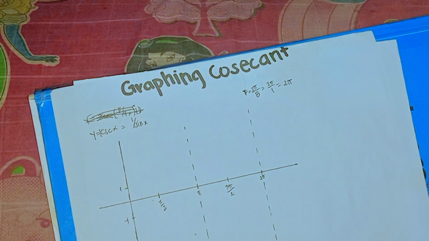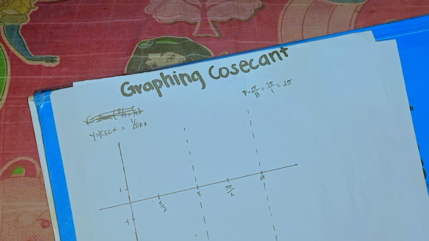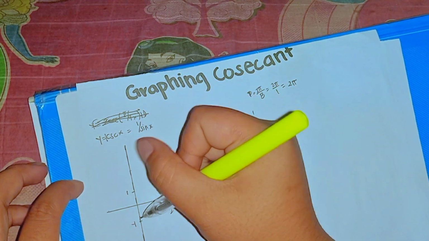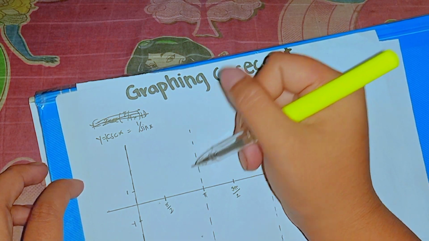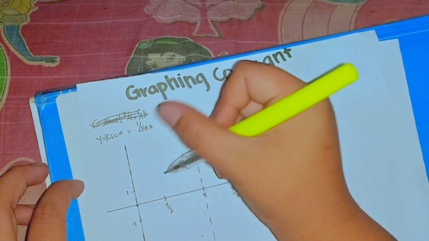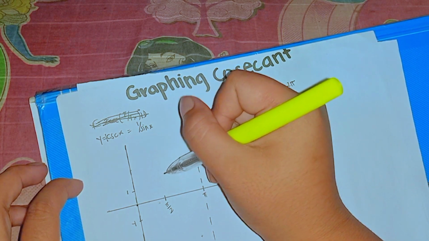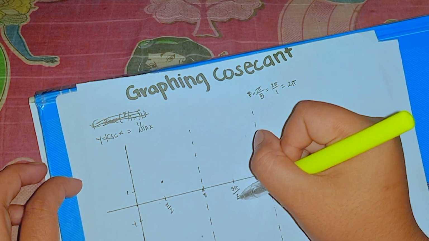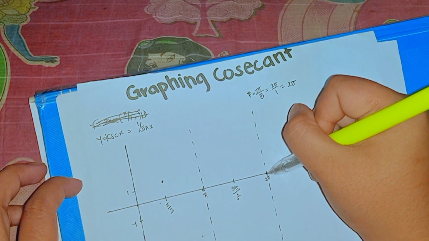We need to graph first our sine for us to know where to graph the cosecant. So, sine starts from the middle, then goes through the upper line to the middle, lower line, and middle line.